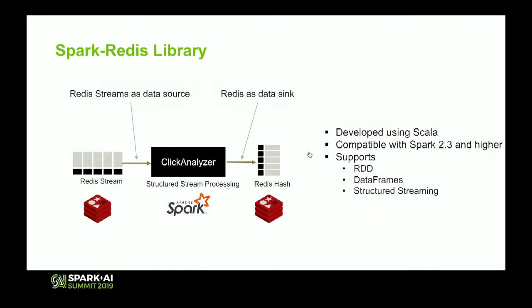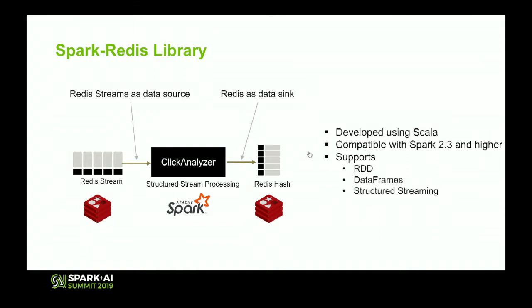But streams is the most logical way to collect data and get them into structured streaming. But you can use any data source. So with Spark Redis library, you can use Redis as a source. And you can also use Redis as your sink. So you get double advantage here. You can read from Redis, do all computation, and write back to Redis if you want to.